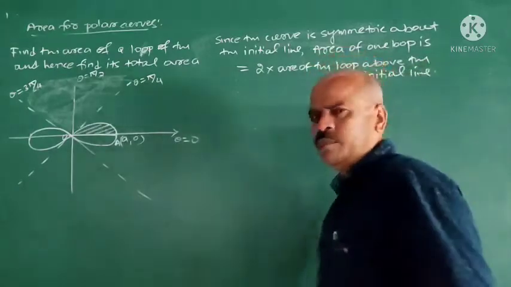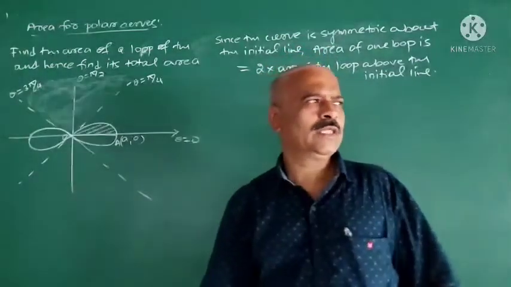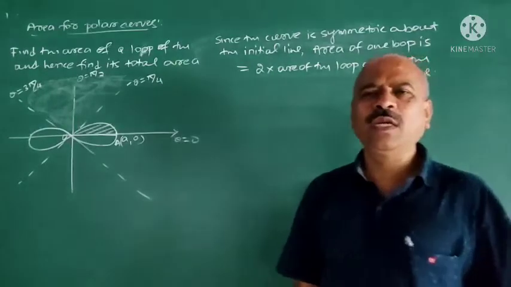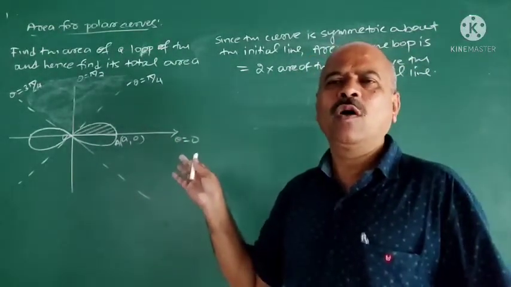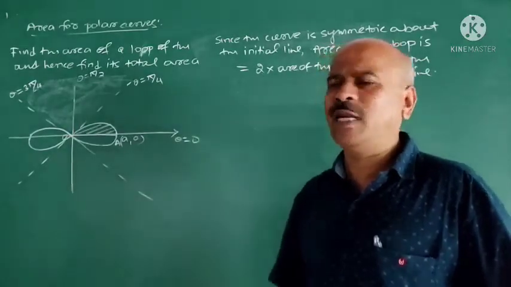Clear? All have followed this? The area of one loop is twice the area of the loop above the initial line.